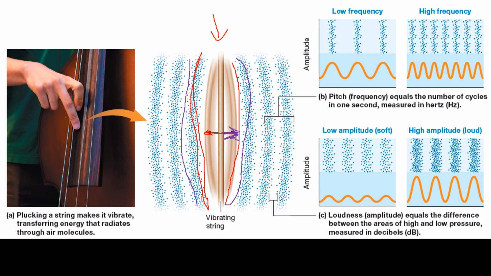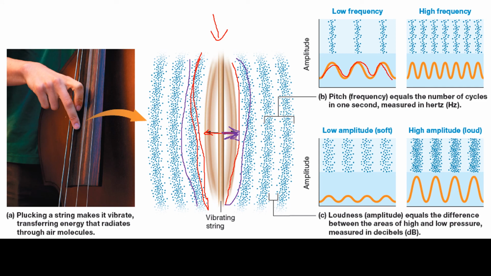And then we have amplitude and we have frequency. If we talk about frequency, remember that's how many vibrations in a second. So we see very low frequency, this sort of slow, low sound. This would be like thunder rumbling.